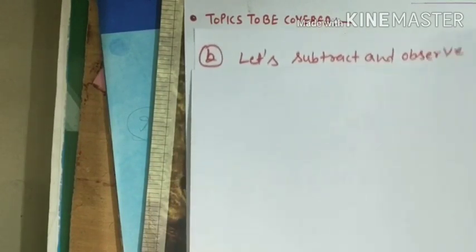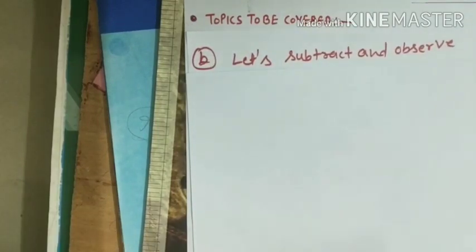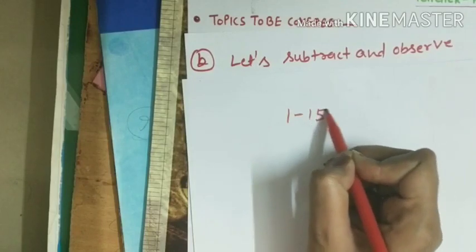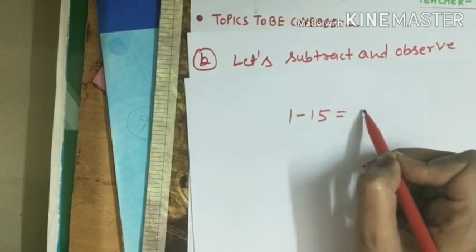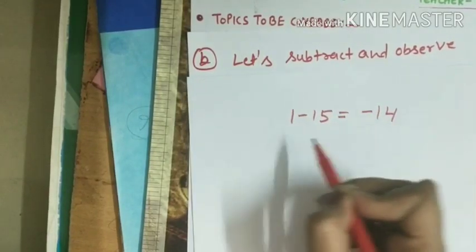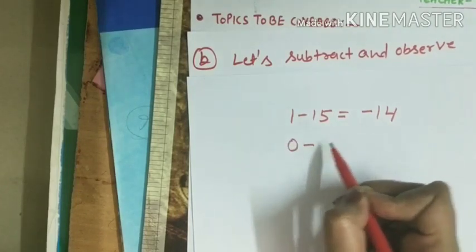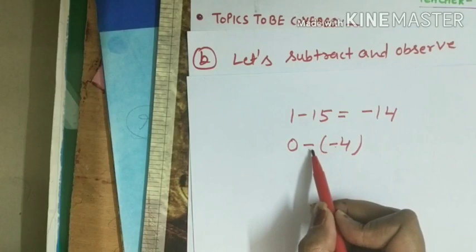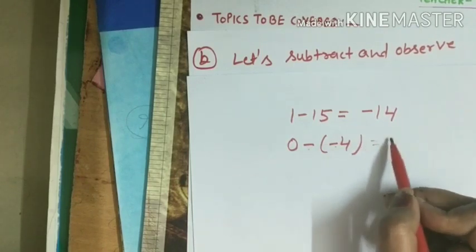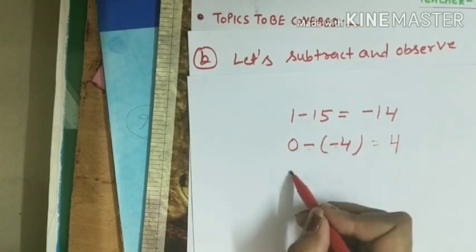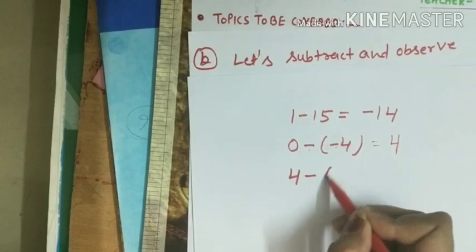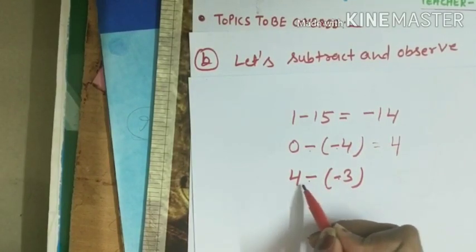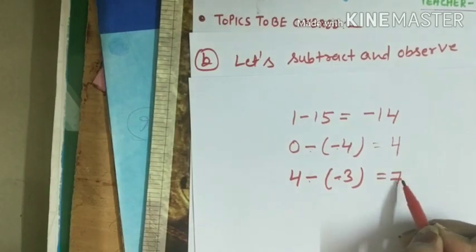Let us see the same property for subtraction of integers. Let's subtract and observe, children. If I write 1 minus 15, what do you get? Minus 14. If I write 0 minus 4, as you know minus minus will be plus, 0 plus 4, 4. If I write 4 minus 3, 4 plus 3, 7.